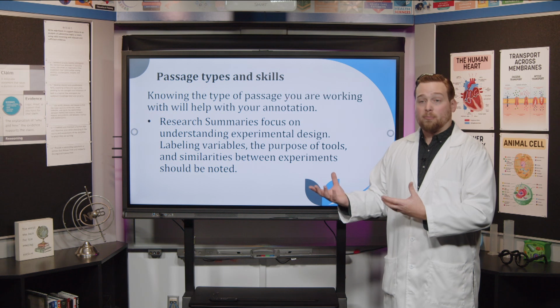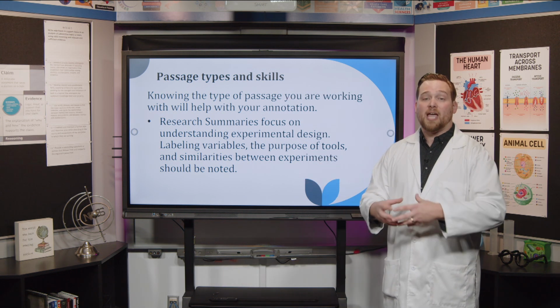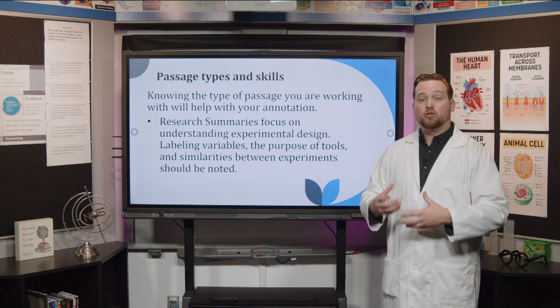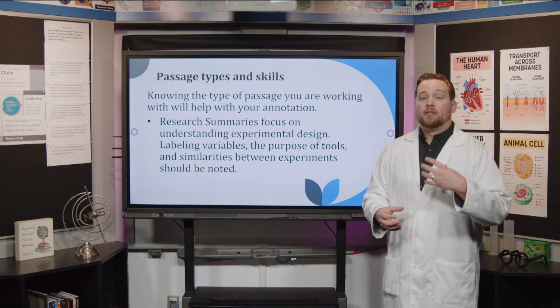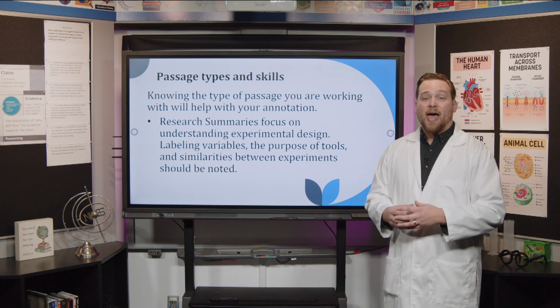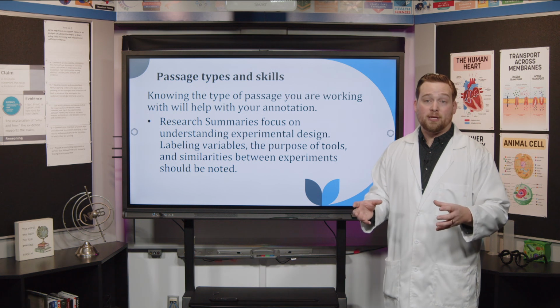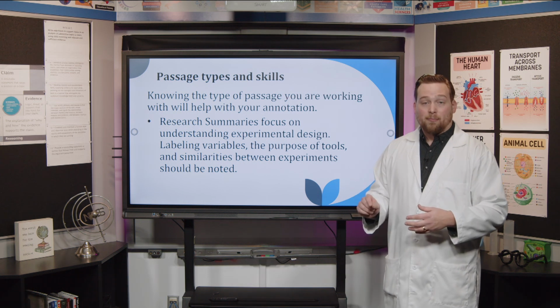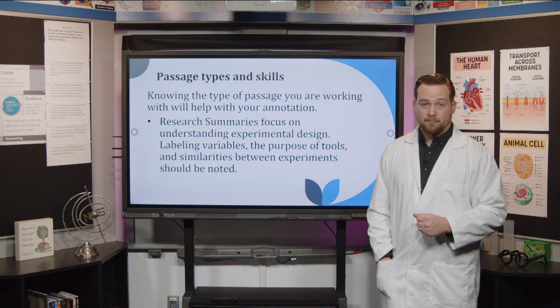These research summary passage types love to ask questions on understanding experimental design. So why is the experiment set up the way that it is? Okay? So if you see something like that, or about different variables, as well as what tools or what lab equipment is being used, highlight that information because you're probably going to get questions about them, and that's going to save you some time. Okay?